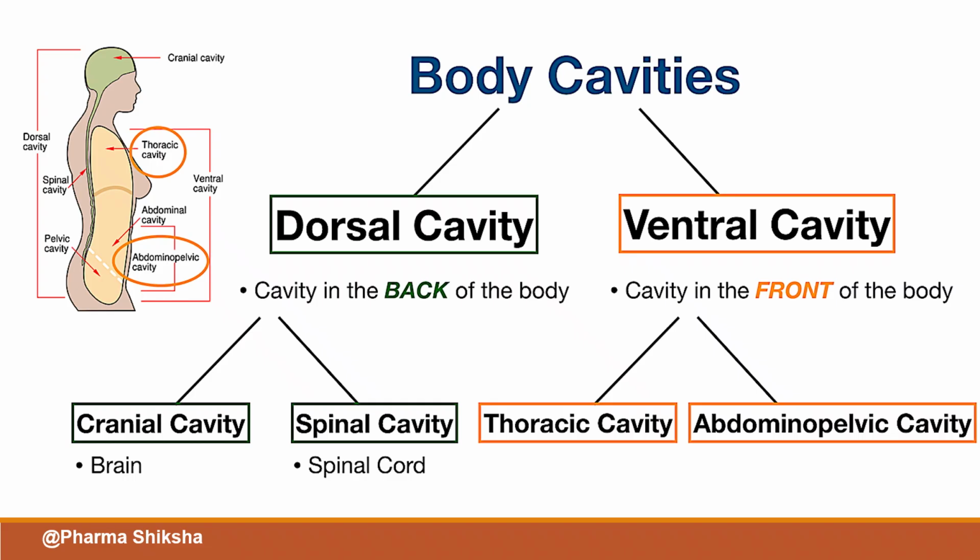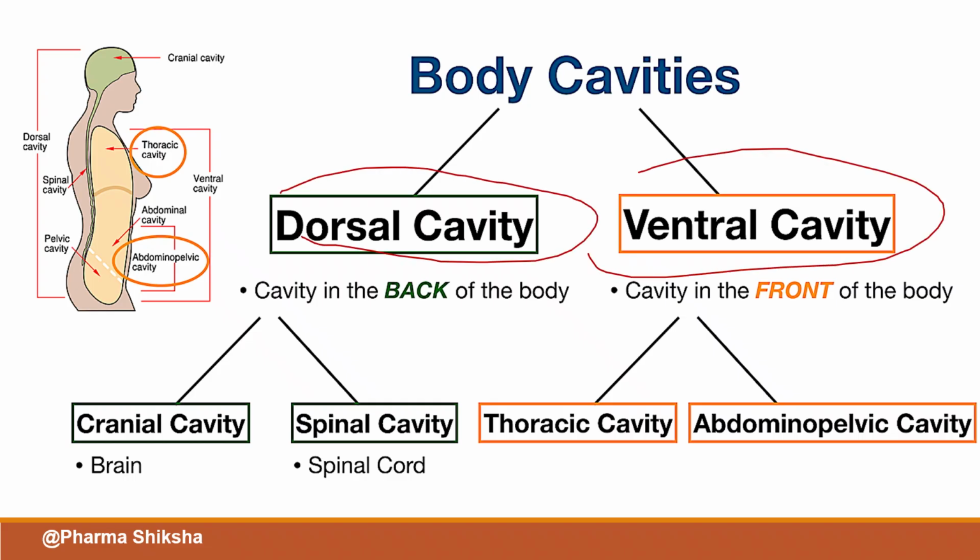And so here we can see the body cavities. Body cavities are classified into two types, the dorsal cavity and the ventral cavity. The dorsal cavity is on the back side: the cranial cavity and the spinal cavity, where the spinal cord is, and the cranial cavity has the brain. In the ventral portion, you can see the thoracic cavity and the abdominopelvic cavity.